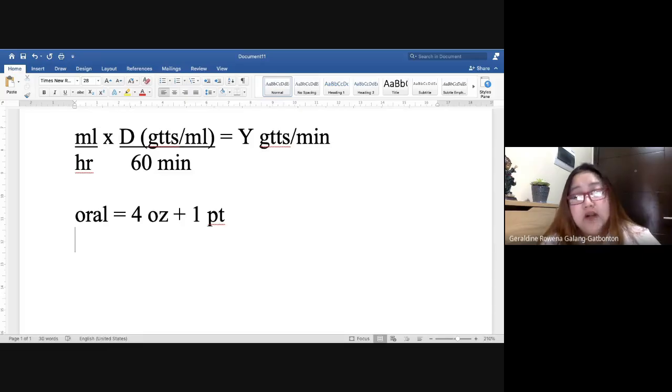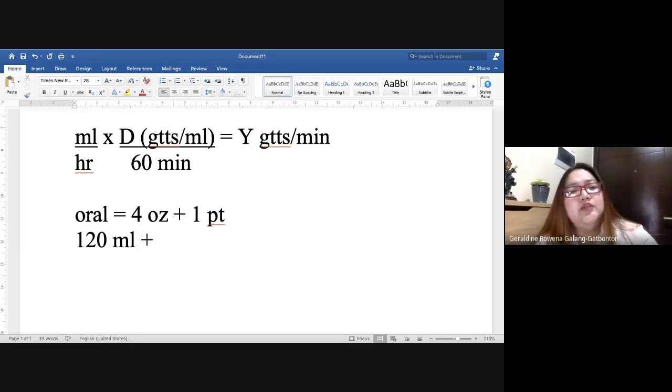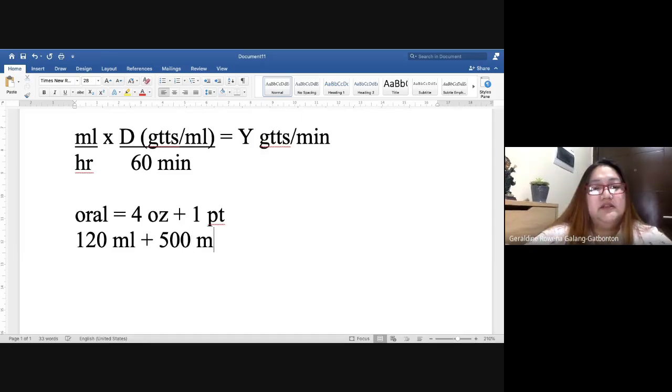So 4 times 30 is 120 ml. What about the pint? 1 pint is 500 ml. So simply 500 ml. That's his oral intake. So, what is his oral intake? 620 ml.